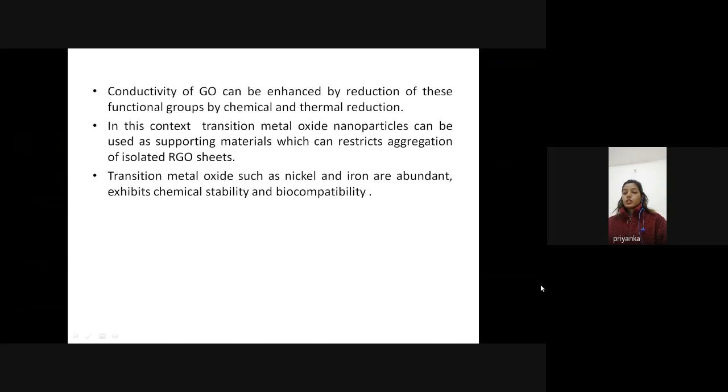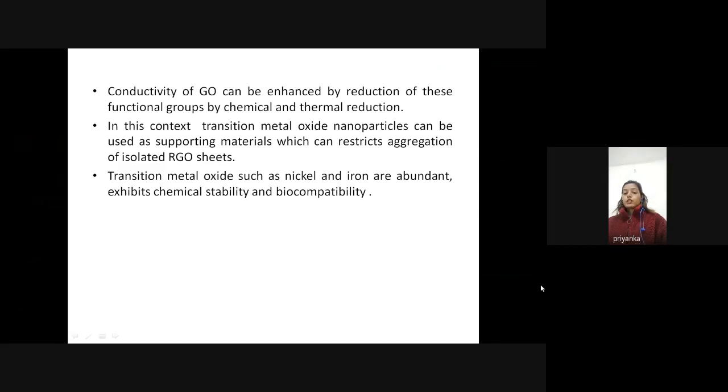So, in this context, transition metal oxide nanoparticles like nickel oxide nanoparticles and iron oxide nanoparticles can be used as supporting material with RGO, which can restrict the aggregation of isolated RGO sheets. And this kind of hybrid configuration of transition metal oxide nanoparticles and RGO can enhance the performance of the material, and these materials can be used in many applications like supercapacitors and catalysis applications.